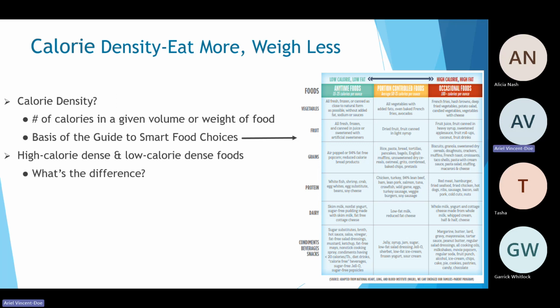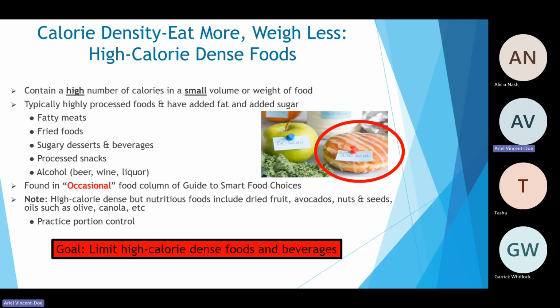So there are high calorie dense foods and low calorie dense foods. So what's the difference? With high calorie dense foods, they contain a high number of calories in a small volume or weight of food. These are typically your highly processed foods and have added fat and added sugar.